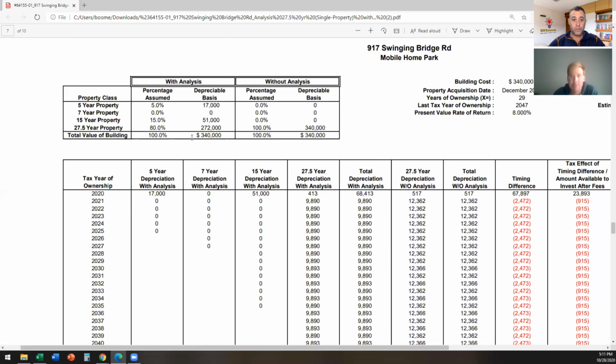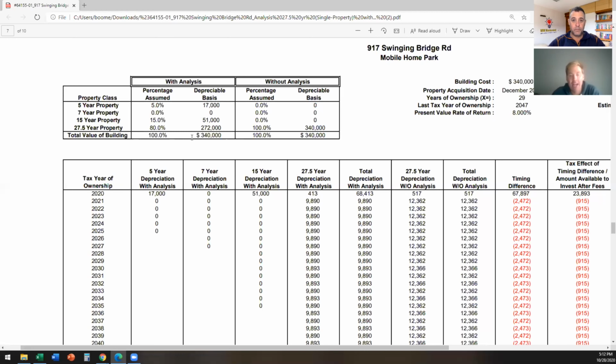On a typical apartment complex, you'd probably be looking at 15 to 20% in the 5-year, but here you're going to have probably about 5%. However, the beauty of mobile home parks is there is a ton of 15-year property. 15-year property is normally things like your parking lot, your landscaping, any kind of exterior signs, fences, or walls.